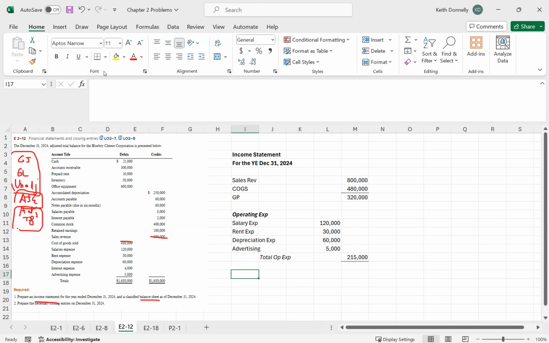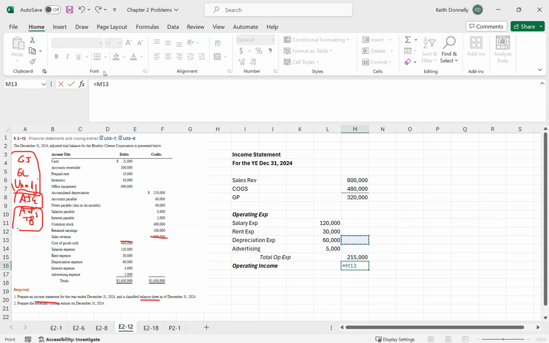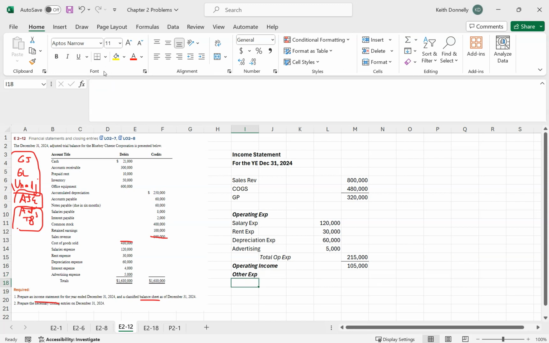What that's going to get us is our operating income, right? In other words, we take our gross profit minus the total operating expenses. We're looking at $105 there. Then we have to back out our other expenses. In this case our other expense would be that interest expense from over there of $4,000.